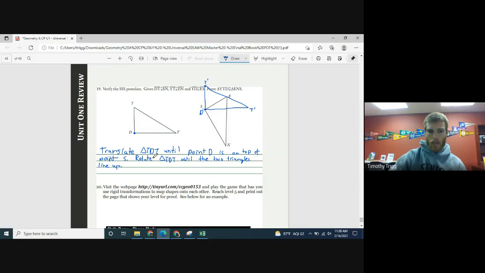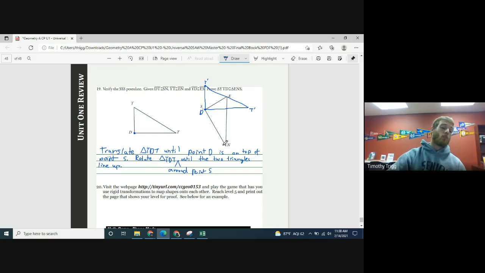Perhaps I should put rotate triangle YDT, and we should probably add around point S. It's important that we're rotating around this point. So rotate triangle YDT around point S until the two triangles line up.